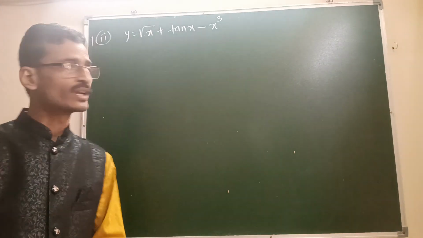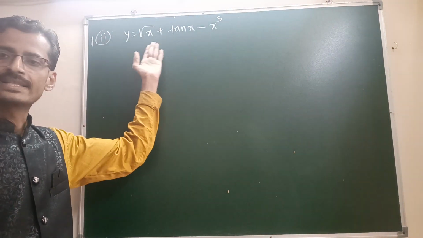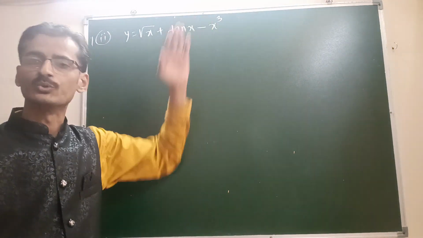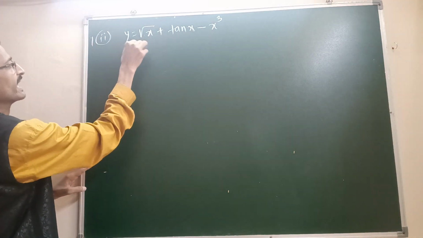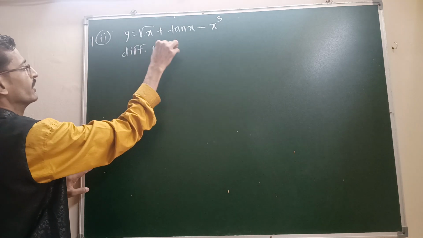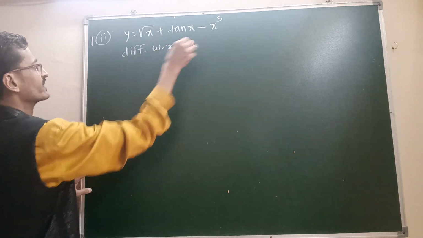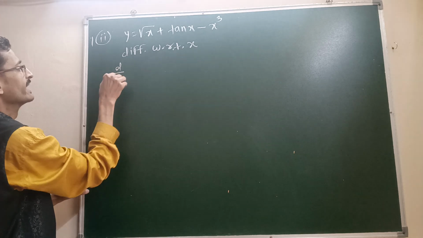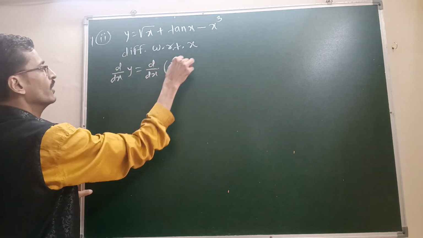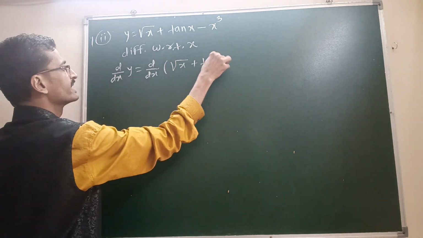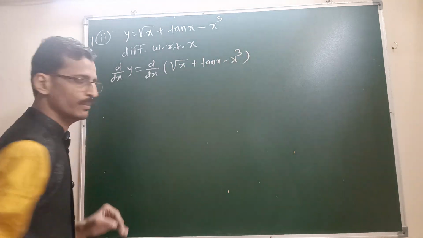So again this is similar question. Y is given root x plus tan x minus x raised to 3. So same question, differentiate with respect to x. So write here differentiate with respect to x. So d by dx of y is equal to d by dx of root x plus tan x minus x cube.